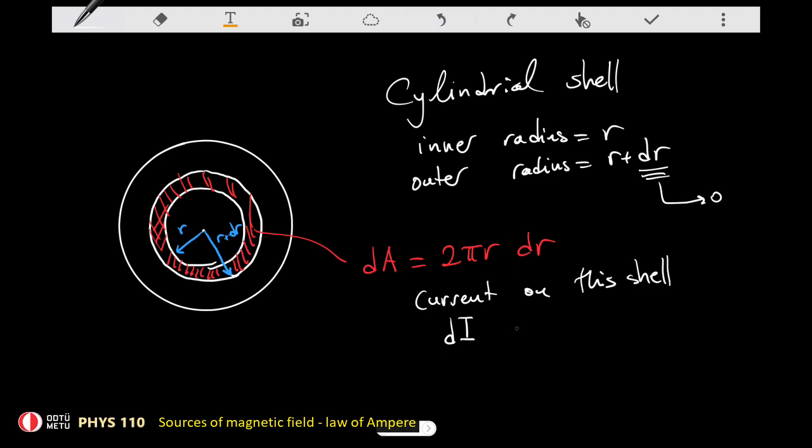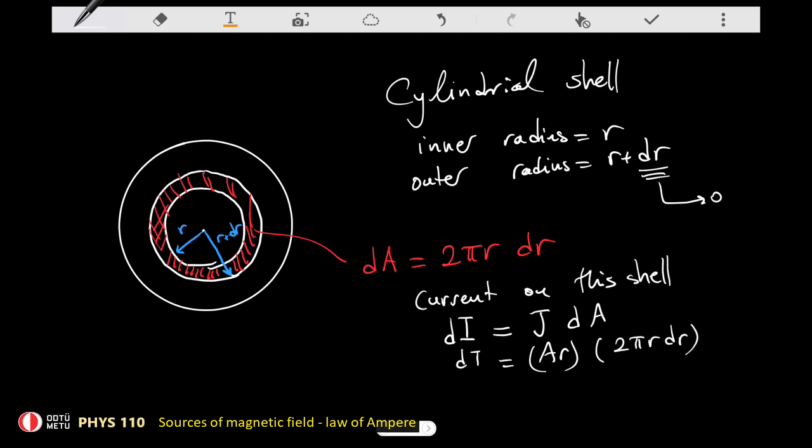So this d is just a reminder that this is infinitesimal. That's basically current density multiplied by the area. So the current density is A times r. There's a collision of symbols in here, but just remember that this A has nothing to do with area. It's just a coefficient in the current density. In any case, the area is 2 pi r dr.